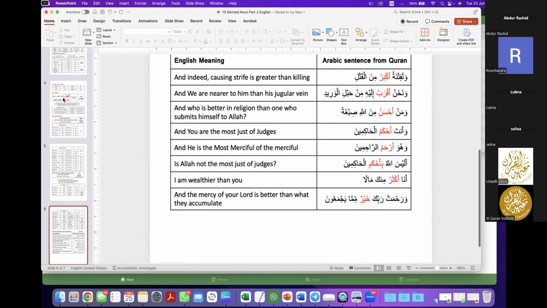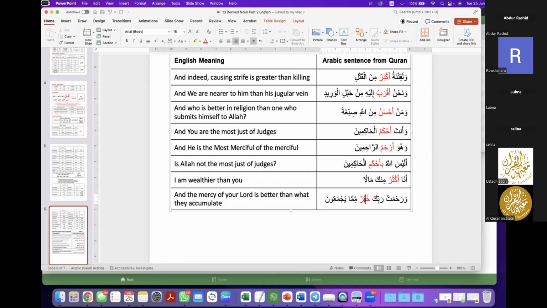But this is where we look at the meaning. And based on the meaning, and the min there, we can work out what it is. And the good news is, there are not many exceptions like that.